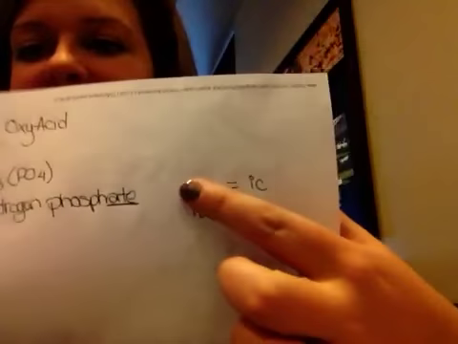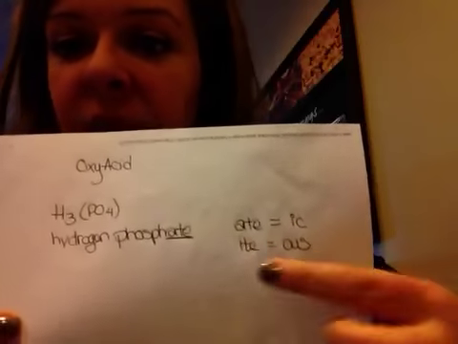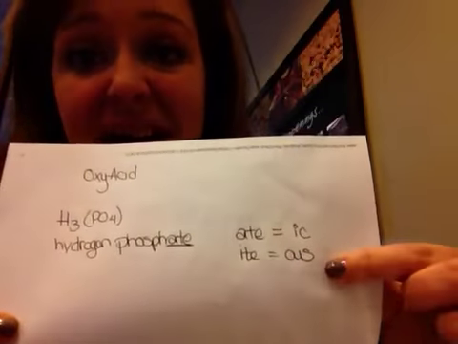Anytime the suffix of a polyatomic ends in -ate, we're going to change that to -ic. Any -ite is going to change to -ous. So -ate changes into -ic, and -ite changes into -ous.